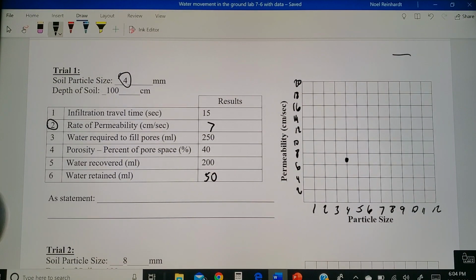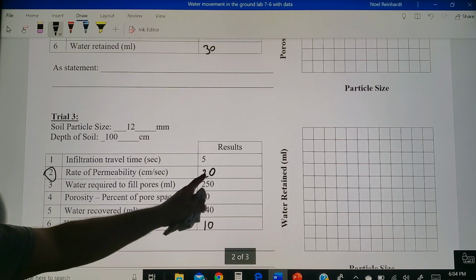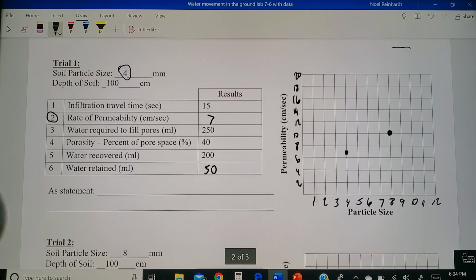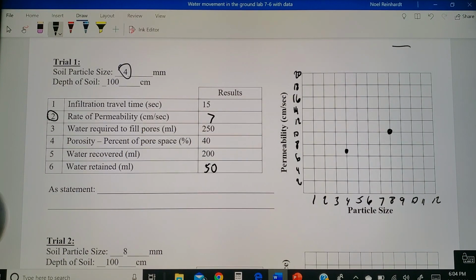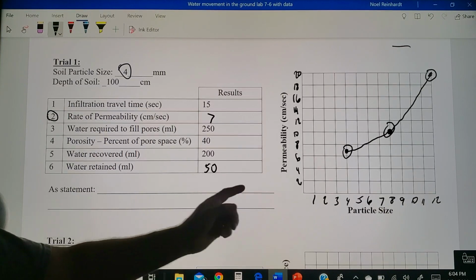So 8 millimeter up to a 10. And for the 12 millimeter, we got a 20. So that goes all the way to the top. Connect your points, circle your points, and that's your first graph.